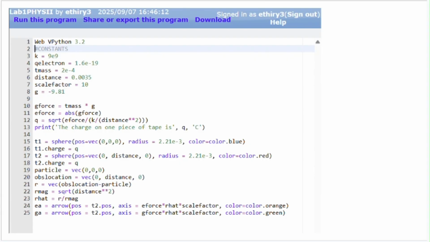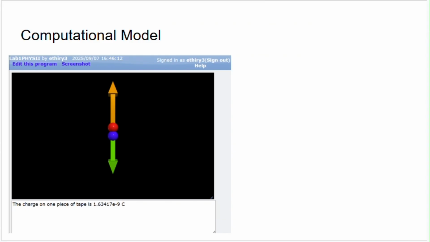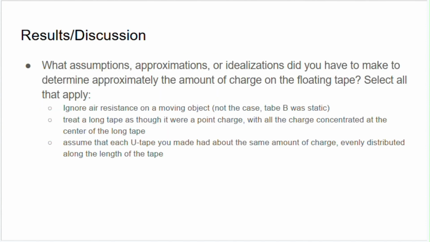Then we found the charge on the tape using the equation for the electric field in code, and the last part was making the computational model look right. So we had two different spheres and then arrows coming off of those spheres. Now this is what the computational model looked like, and we see that the charge on one piece of tape is 1.634 times 10 to the negative 9th coulombs.